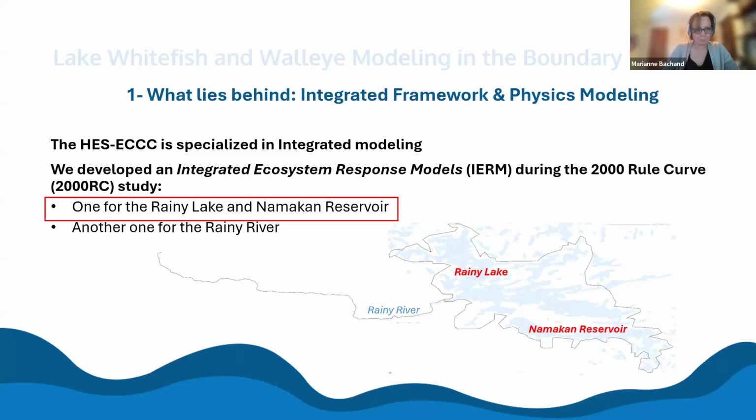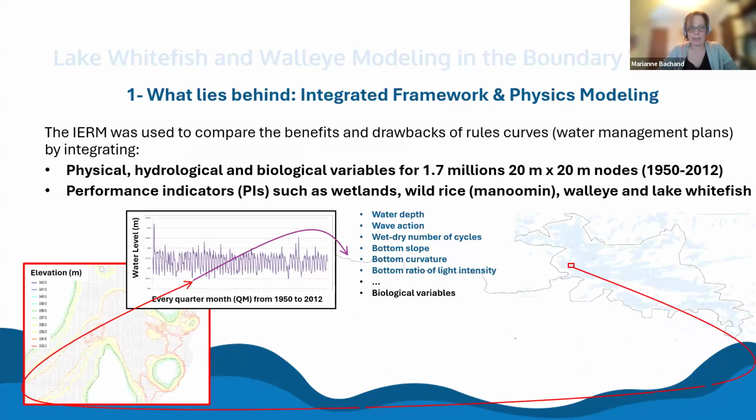So the REIM is used to compare the benefit and the drawback of any rule curve or any water management plan. And it does that by integrating several layers of information.